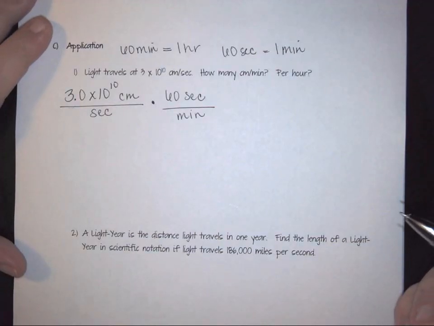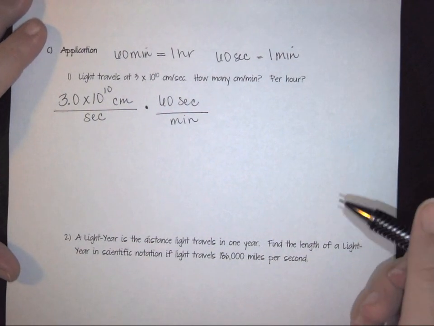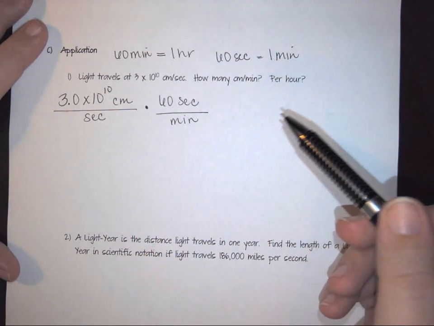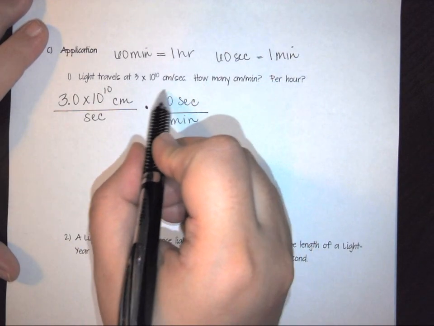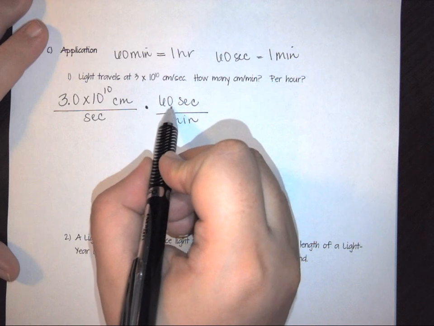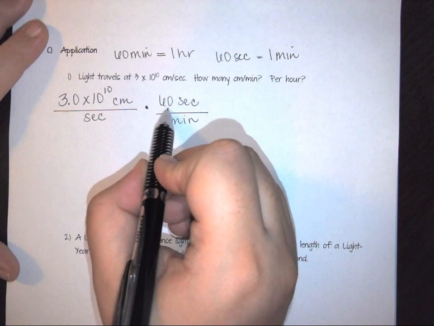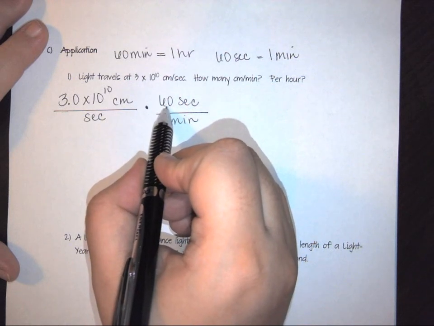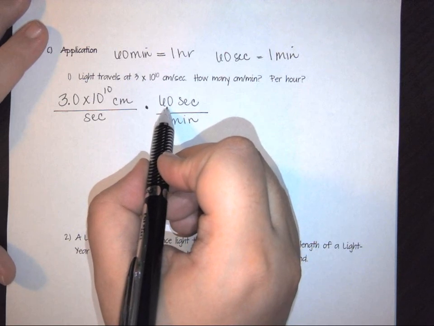And that is going to give us how much is in it. Well, one thing that we can do is we already know that we could interchange my 60 seconds, which would end up being 6 times 10 to the first.